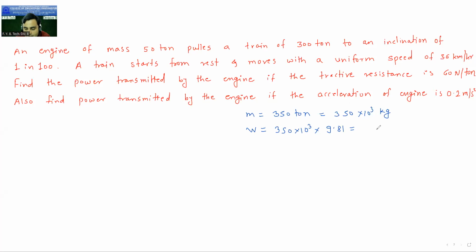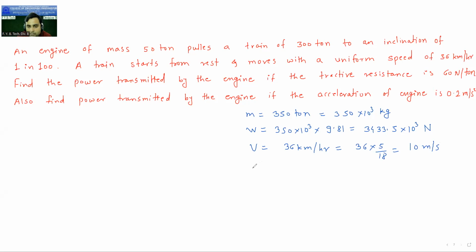It is 3433.5 into 10 raised to 3 Newton. It is converted into Newton. Then velocity v, it is 36 kilometer per hour, which is equal to 36 into 5 by 18, which is equal to 10 meter per second.